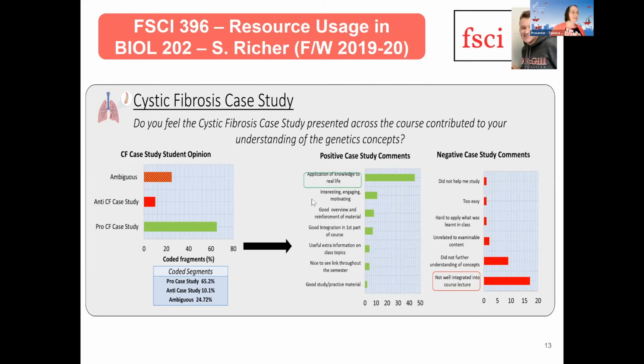And this is a cystic fibrosis case study, which essentially was a longitudinal case study that we used across the course, both to demonstrate how genetics works at different levels in real life and how it is relevant to our lives by looking at a particular disease. But also we tried to use it to tie together the fact that this course has multiple instructors. And what Sam did was we had run a survey asking students whether they thought something was helpful.